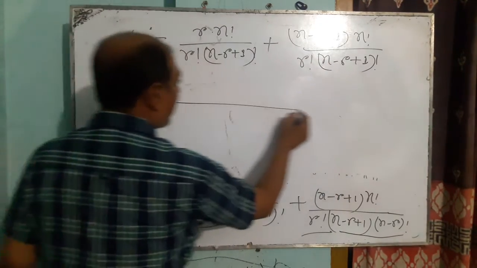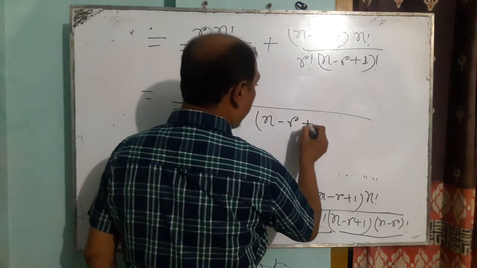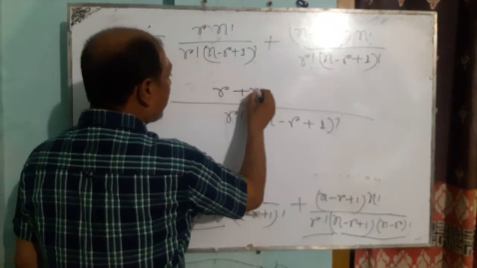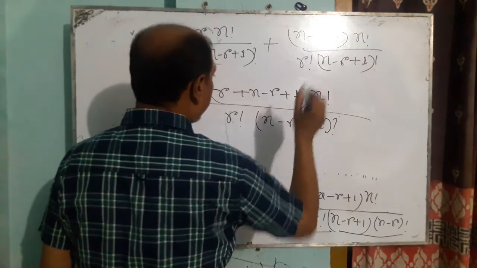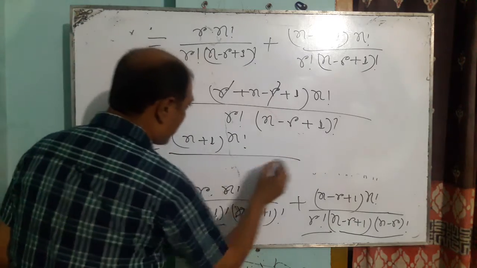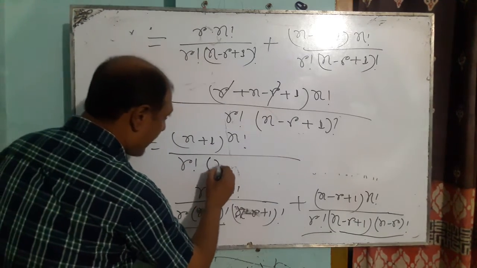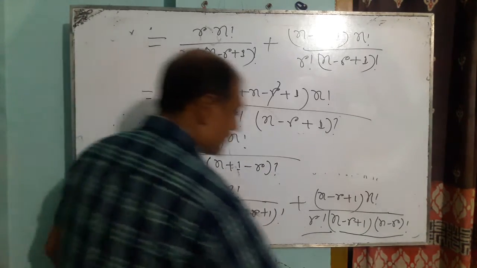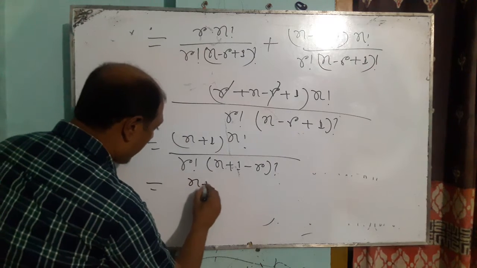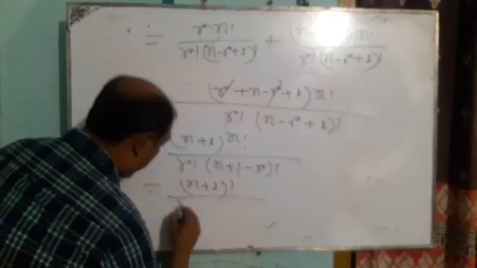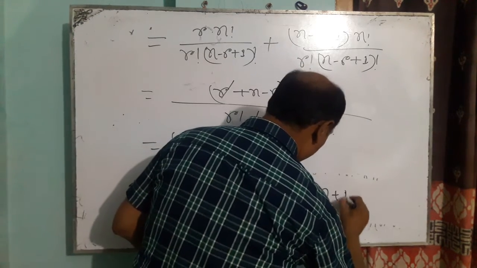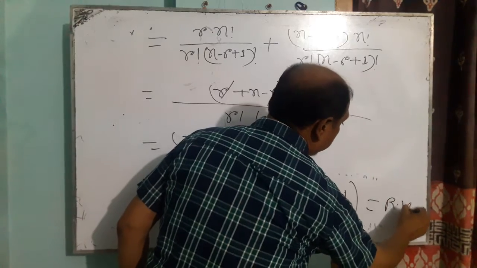Now we have r plus n minus r plus 1 into n factorial by r factorial n minus r plus 1 factorial, that is equal to n plus 1 into n factorial by r factorial n plus 1 minus r factorial, that is equal to n plus 1 factorial by r factorial into n plus 1 minus r factorial, that is equal to (n plus 1)Cr, that is equal to right hand side.